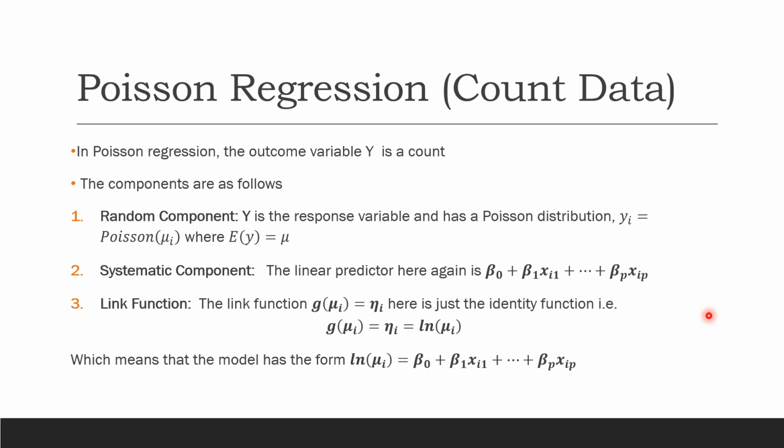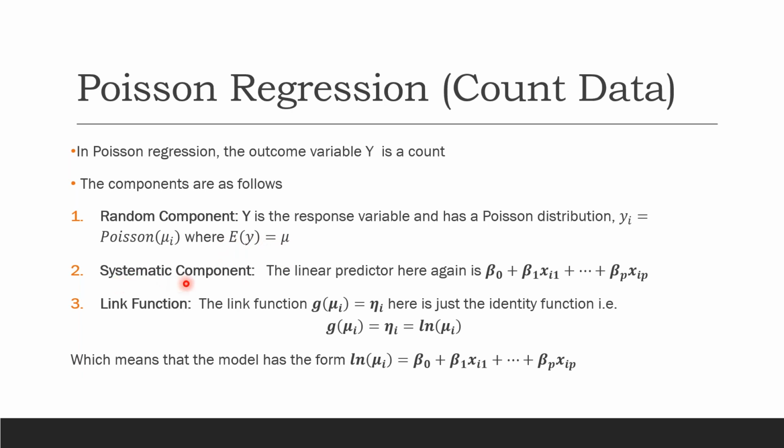Suppose you were trying to model the number of cars that come into the drive-through in a 15-minute period. That count follows a Poisson distribution, which is defined by a parameter, the mean value. So the expected value of y is equal to mu.